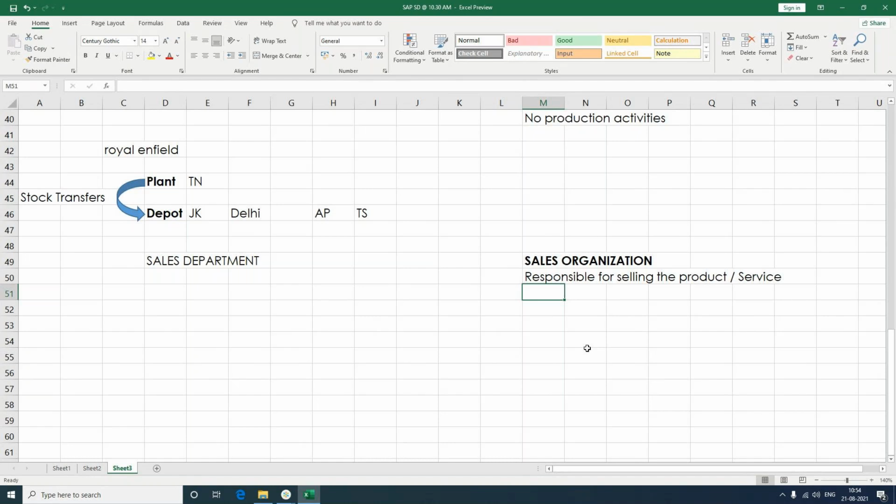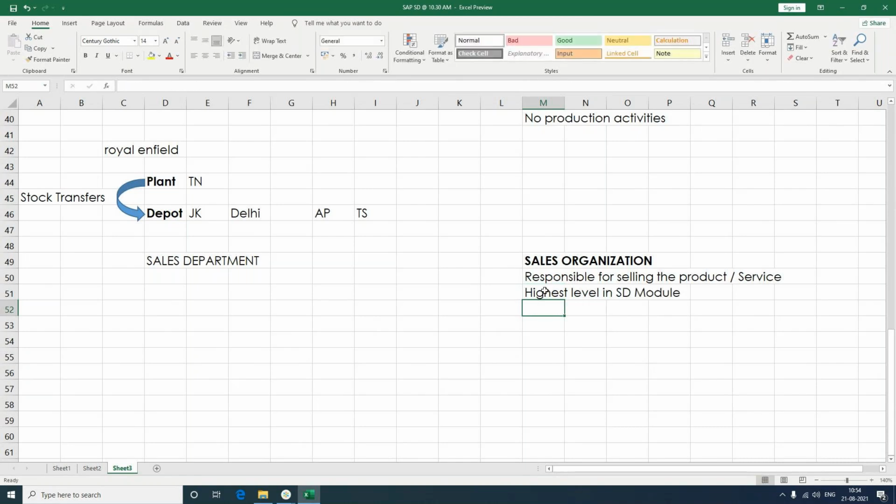If the company needs to sell anything, it's going to be done through the sales organization. They take care of selling the products and after sales they provide service as well. No other department in the company will be responsible for selling the product. It's always the sales org which takes care of selling the product, and we call it the highest level in the SD module.